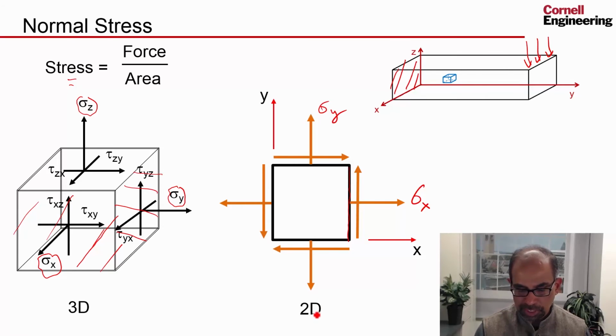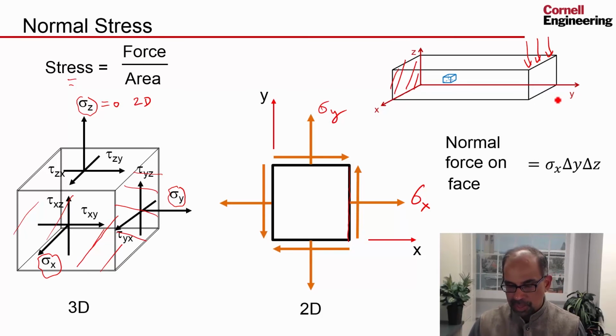And in the 2D case, we would set sigma z equal to 0. That is, any stresses in the z direction would be 0 if we are considering stresses in the x and y direction.